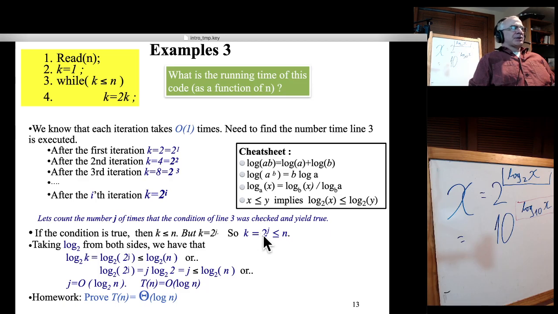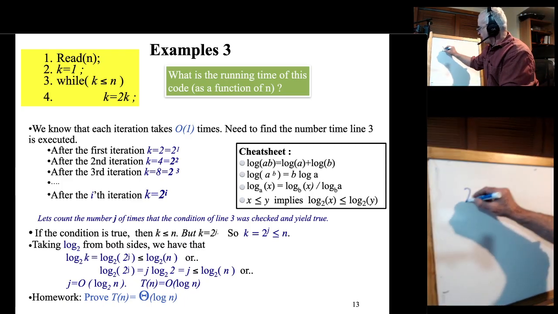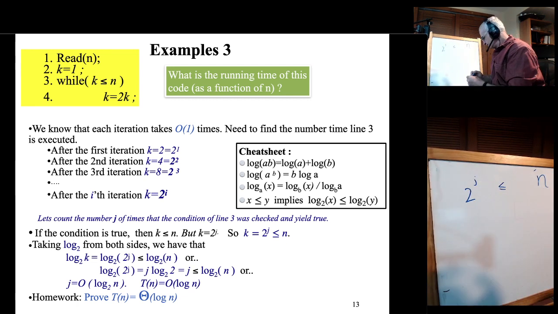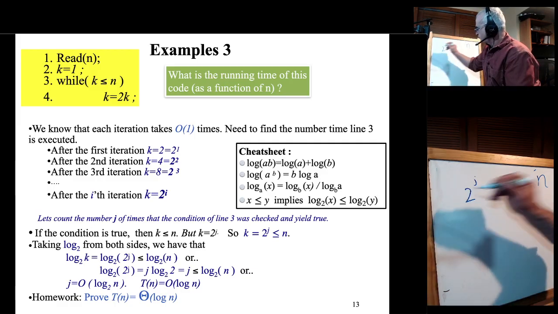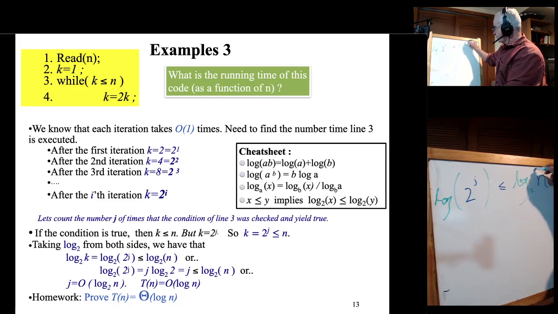So k, which as we said is 2 to the j, is still smaller than n, because I'm only counting the number of times that this condition is correct. How do I proceed? I take log to the base 2 of both sides, log to the base 2 of k and log to the base 2 of n. Remember, I have 2 to the j is smaller or equal than n, and I perform log to the base 2 of this and log to the base 2 of this.